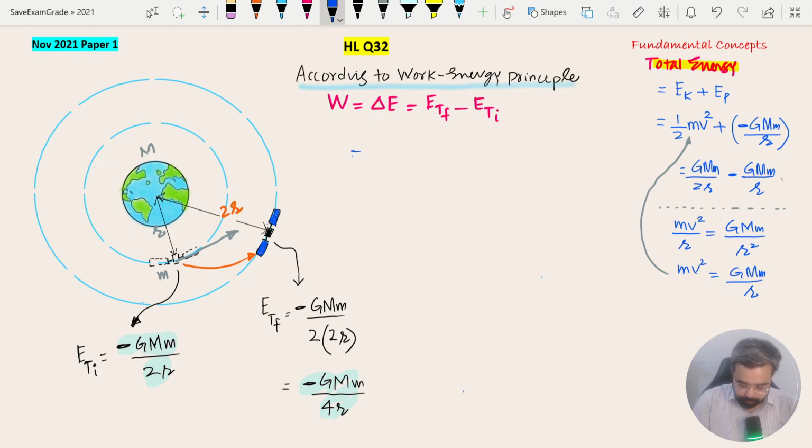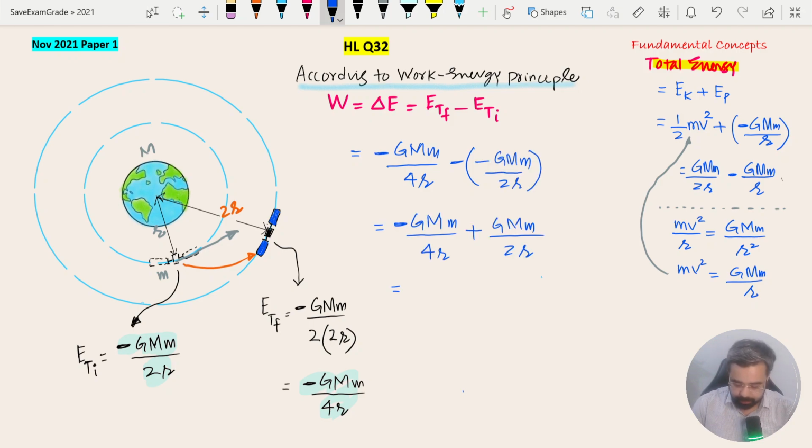So if we plug in the values, it will be negative GMm over 4r, that is the final total energy, minus, and here we must take the LCM. We can multiply by 2 in the numerator as well as 2 in the denominator, and this will become 2GMm over 4r. Capital M is the mass of the planet, small m is the mass of the satellite.